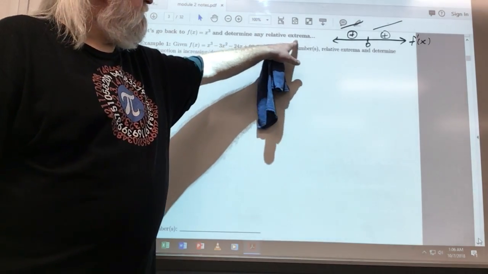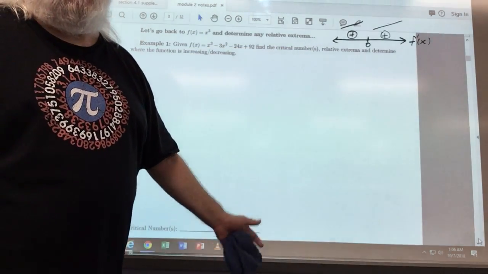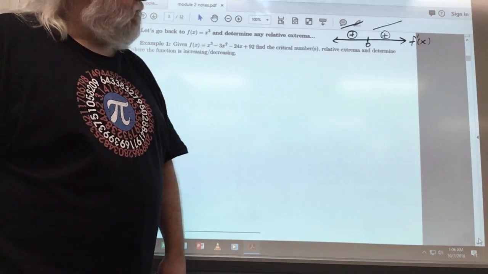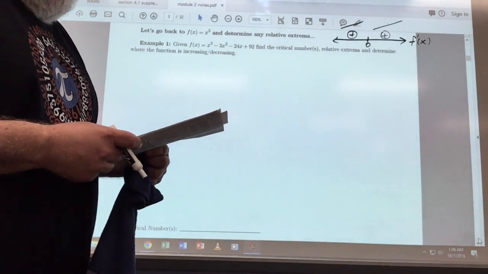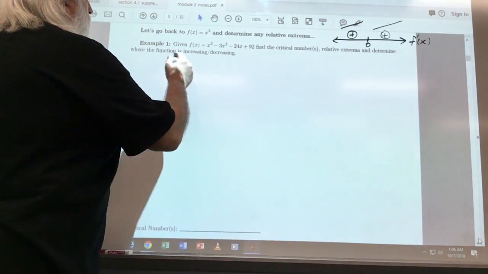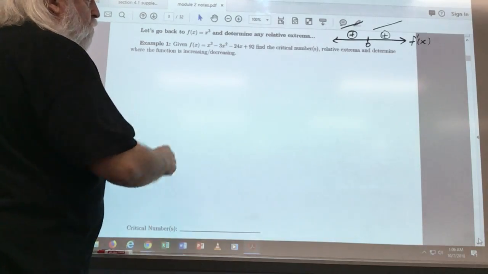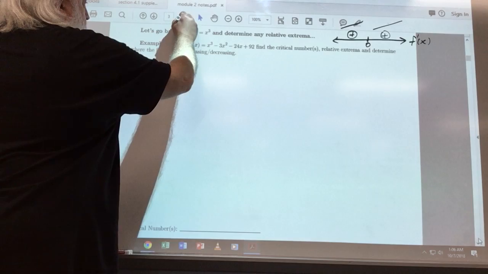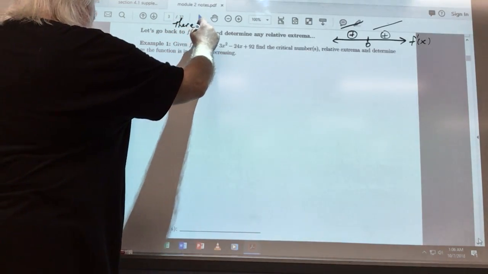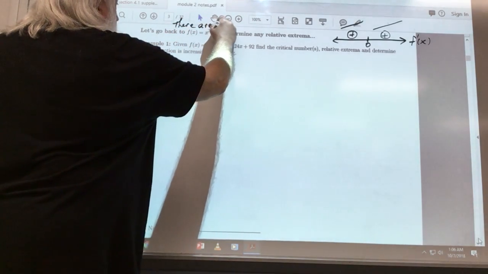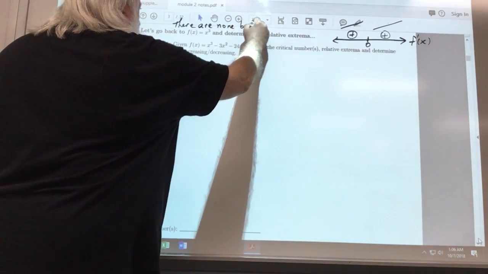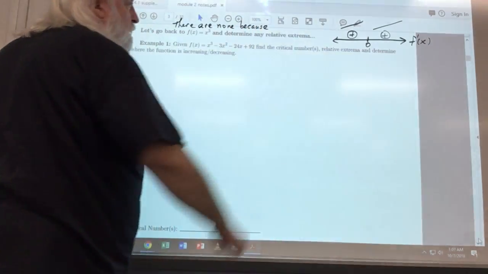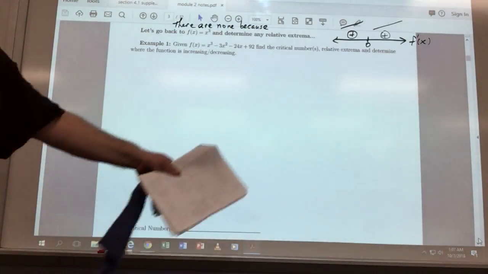When it talks about relative extrema, it's talking about is there a relative maximum or is there a relative minimum. Okay? So there were no relative extrema because, in a nutshell, there was no sign change in the test point method on the slope.